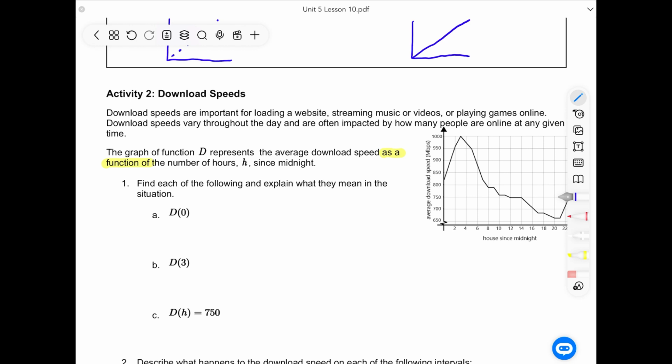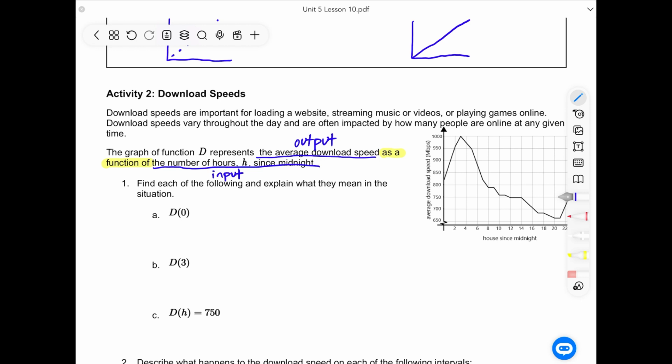So, this tells us that the average download speed is going to be our output, given by the letter capital D. And then our input is going to be the number of hours since midnight, given by the variable h. So we're going to see h as the input, d of h would technically be our output.